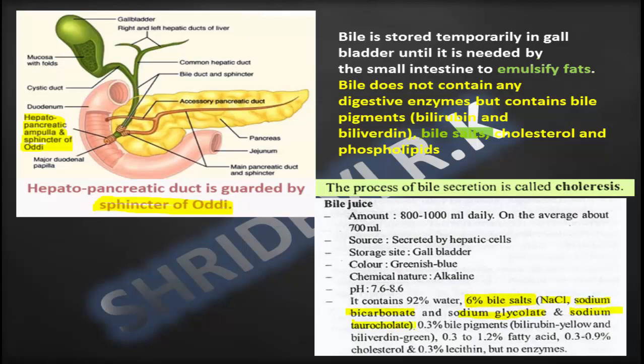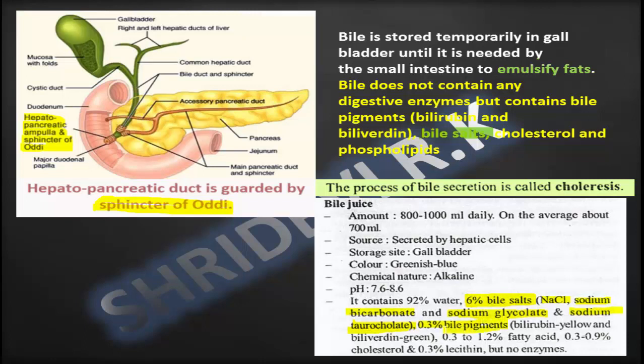The sodium glycolate and sodium taurocholate, both of them are necessary for the emulsification of fat. You have to remember these two, sodium glycolate and sodium taurocholate. Both of them are necessary for the emulsification.